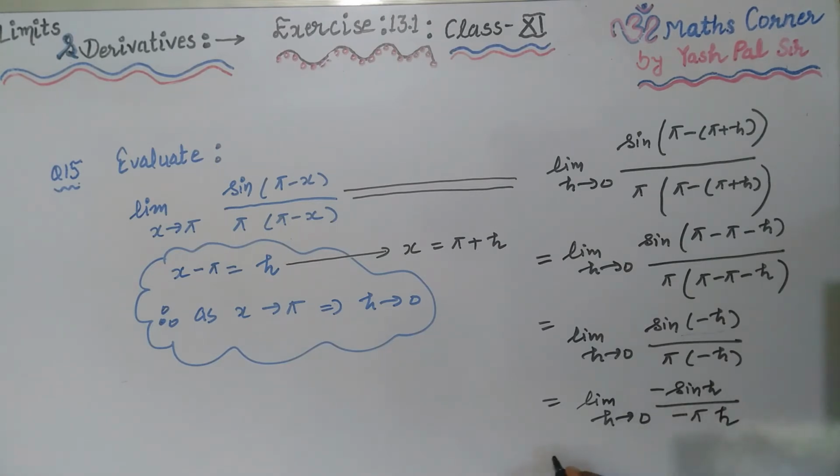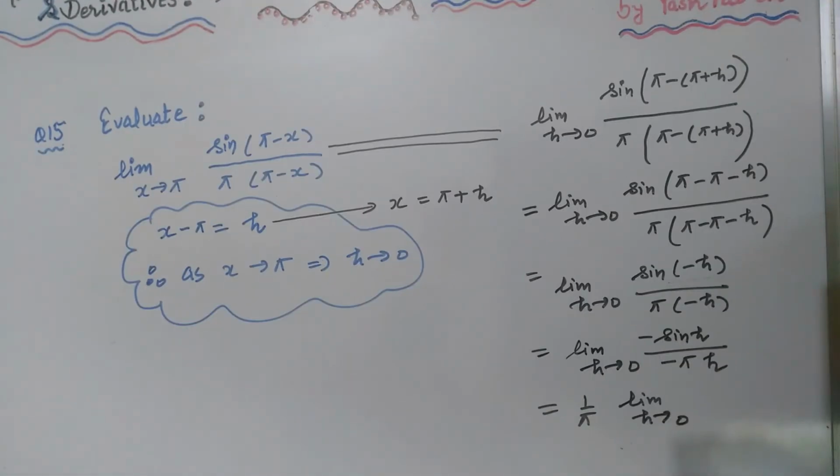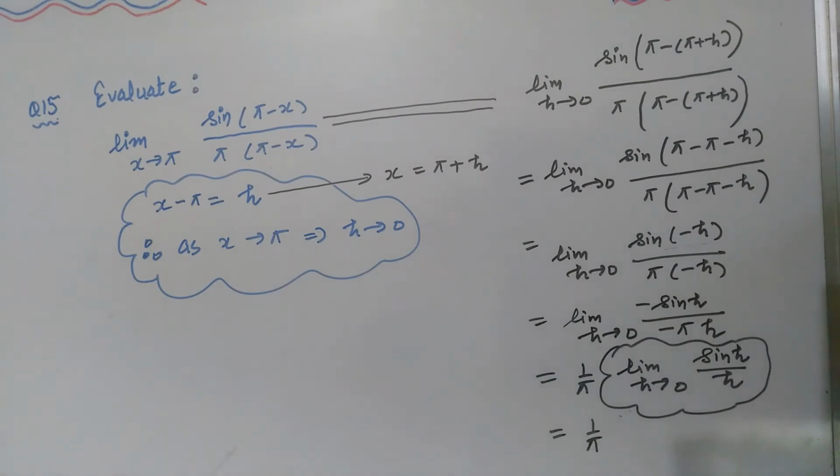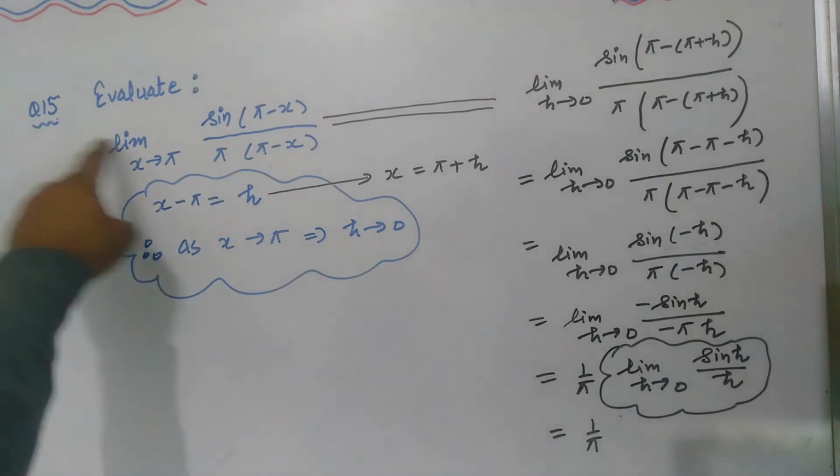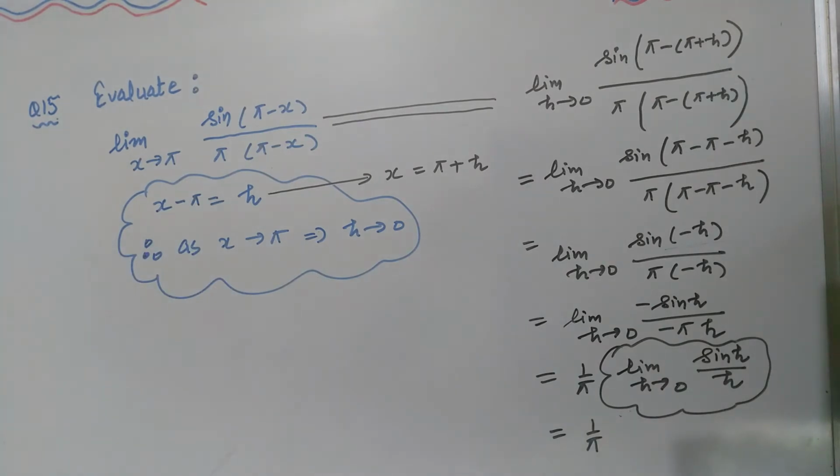Minus minus is cancelled, so 1 upon pi we can take outside, and we are left with limit h approaches 0 of sin h divided by h. We see that this is the standard result, the value of this is 1, so 1 upon pi is the final value, the limit of the given function.